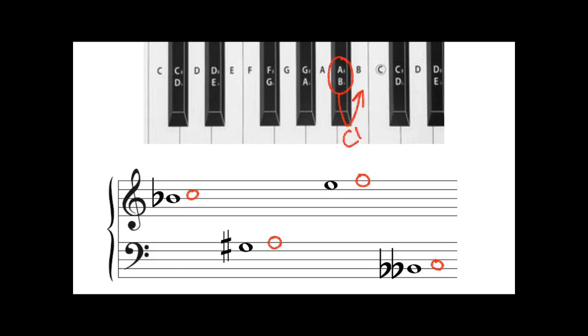We start on a B flat, moving up by one step. It looks like we've landed on a B, but actually, this is a C flat. If we had written a B, that would have been a chromatic half step away. C flat is a diatonic half step above B flat.